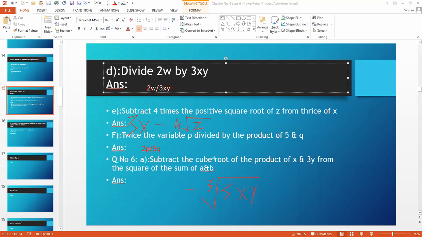Subtract the cube root of the product 3xy from the square of the sum of a and b. The sum of a and b, and then we have to take its square. First we write the sum of a and b, and then I take its square. I think I have to use the bracket for this purpose.